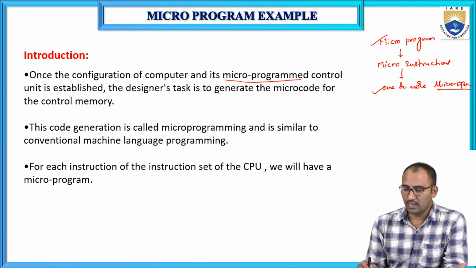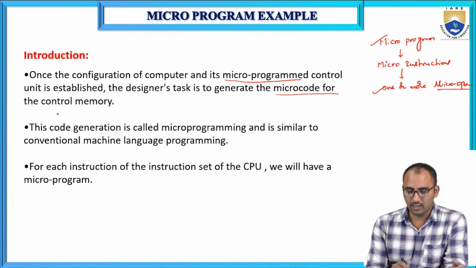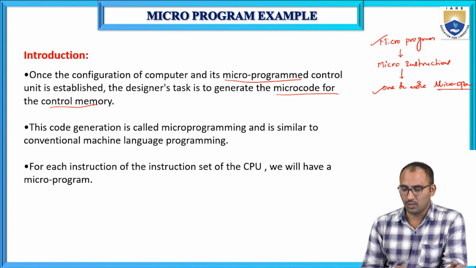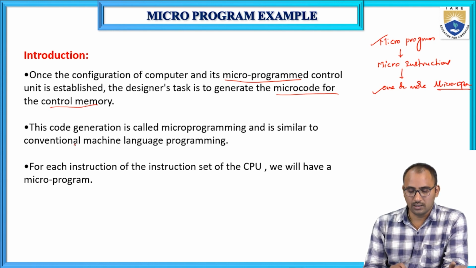Once the configuration of the computer and its microprogrammed control unit is established, the designer's task is to generate the micro code for the control memory. This code generation is called micro programming. It is very similar to conventional machine language programming.